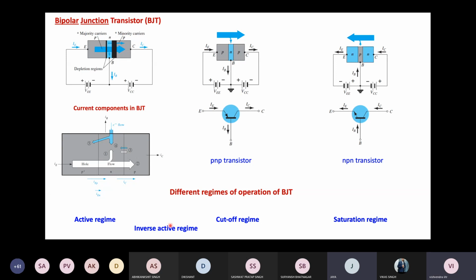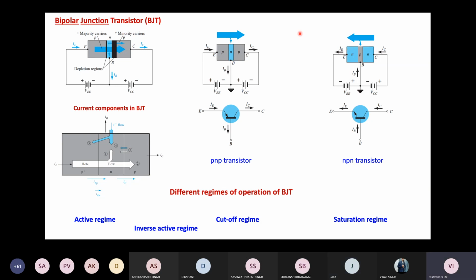When collector base is forward and base emitter is reverse, it is inverse active regime, as if it is the inverse of the active regime. So I would suggest all of you go through what would happen in these four regimes. And it's not so difficult to understand.